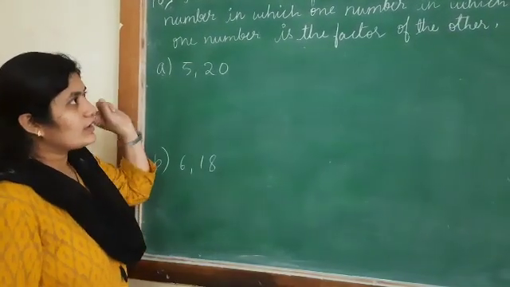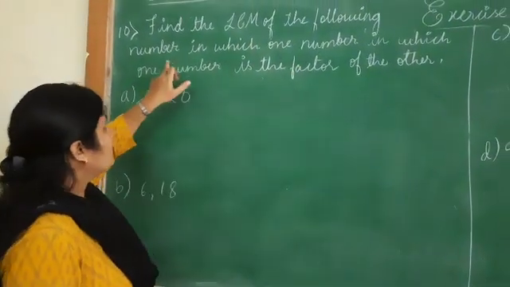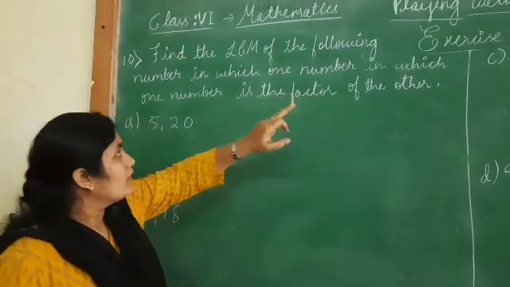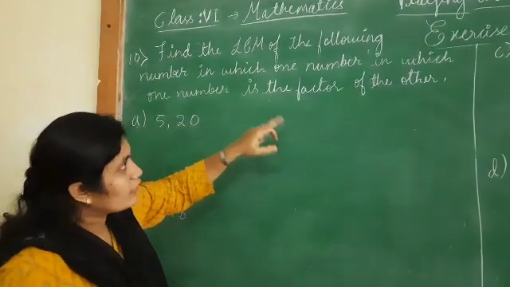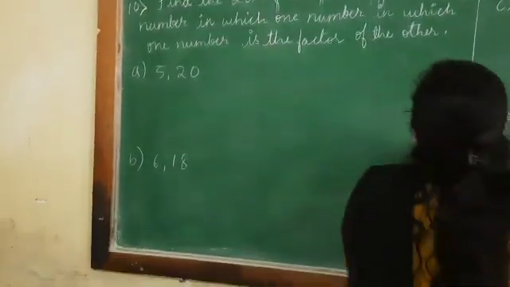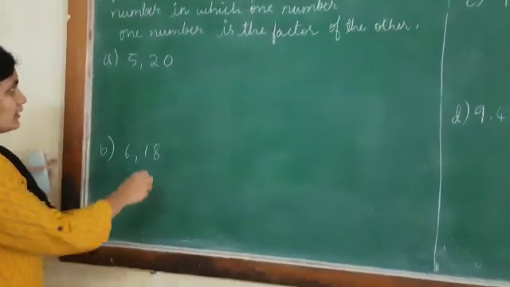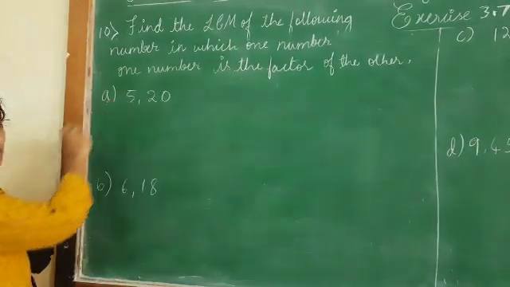Now let us move on to the last problem of the exercise. Find the LCM of the following number in which one number is the factor of the other. Here we should find out the LCM of the number where one number is factor of other. That means, as you can see here, 5 is factor of 20.